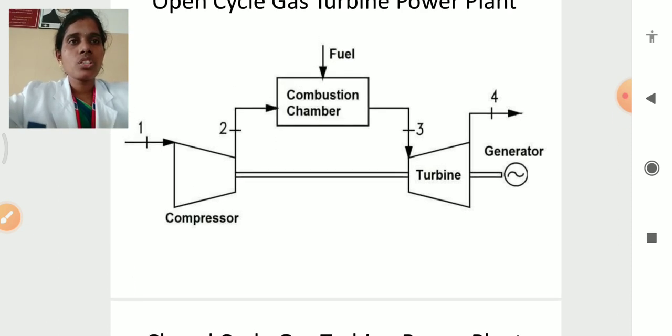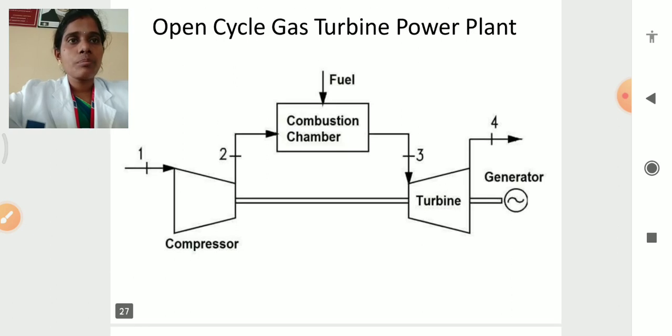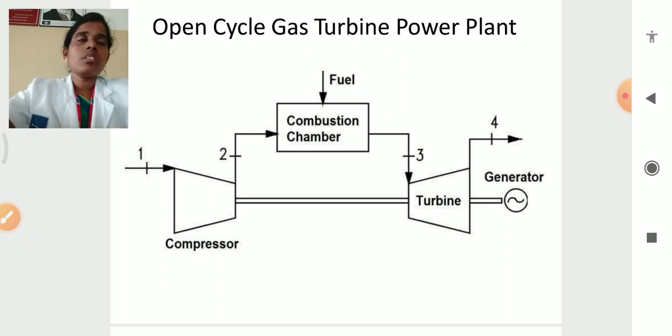In the compressor, the air gets compressed and then the hot air is passed to the combustion chamber. In the combustion chamber, we give fuel, and with the help of this hot air, the fuel gets combusted, and then the hot gas is passed to the turbine, which is coupled with the generator and produces electric power. The open cycle gas turbine power plant is normally used compared to other cycles.